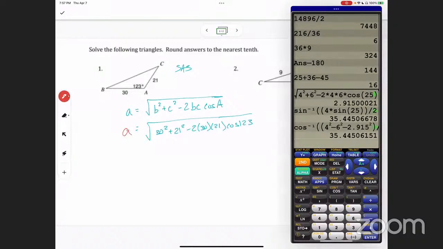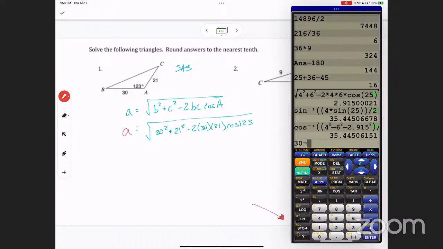If I just take my calculator and punch it in, and by the way, let me show you another little trick here. You could store values in for A, B, and C if you wanted to. Have you ever tried this before? I could do 30 and hit the store button. You see the store button right here?